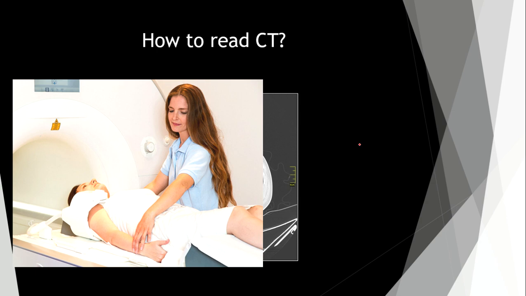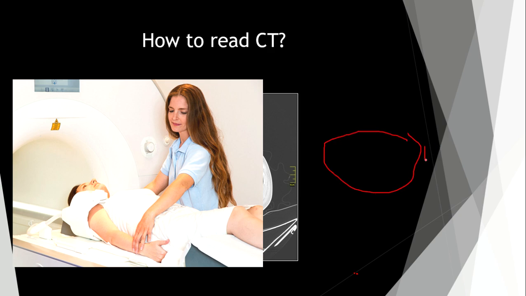How to read CT? As I said before, we must understand what we are looking for. We must understand that we are always looking from the feet of the patient, on every CT image.